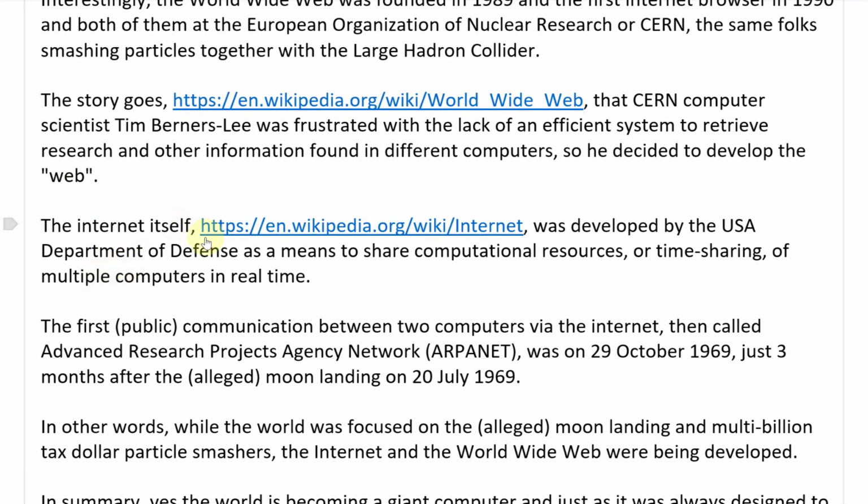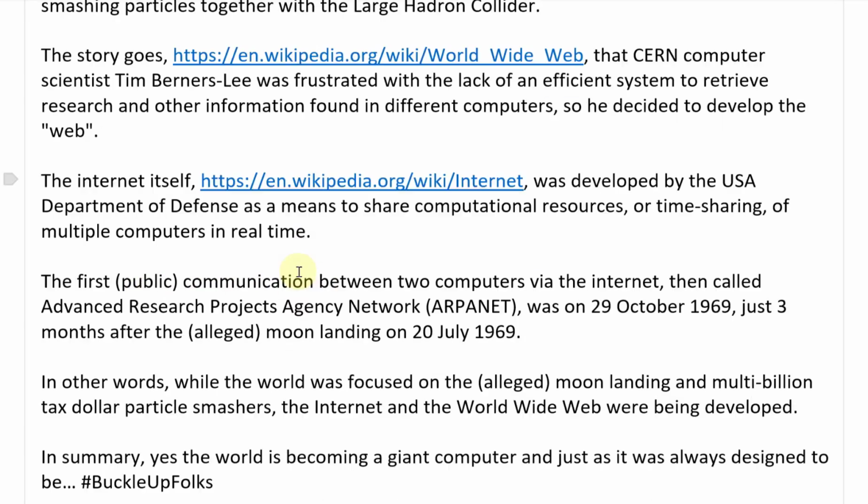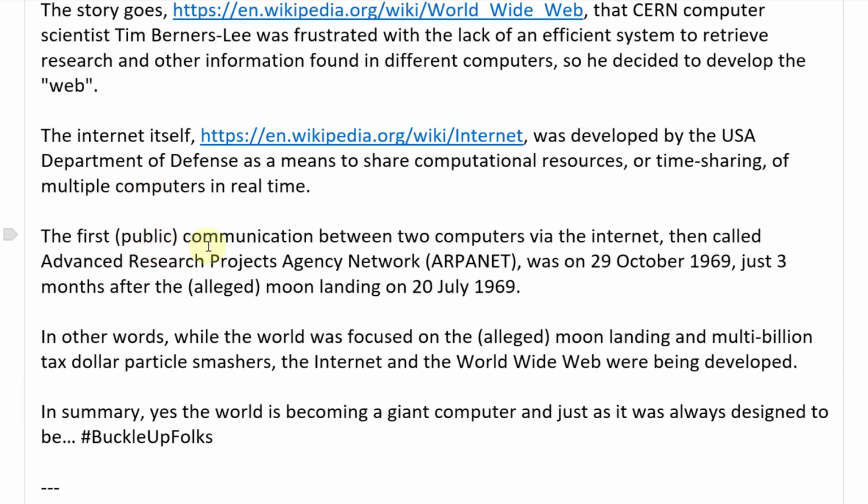The internet itself, and here's again from Wikipedia, was developed by the USA Department of Defense as a means to share computational resources, or time sharing, of multiple computers in real time. And the first public communication between two computers via the internet, then called Advanced Research Projects Agency Network, or ARPANET, was on October 29th, 1969, just 3 months after the alleged moon landing on July 20th, 1969.